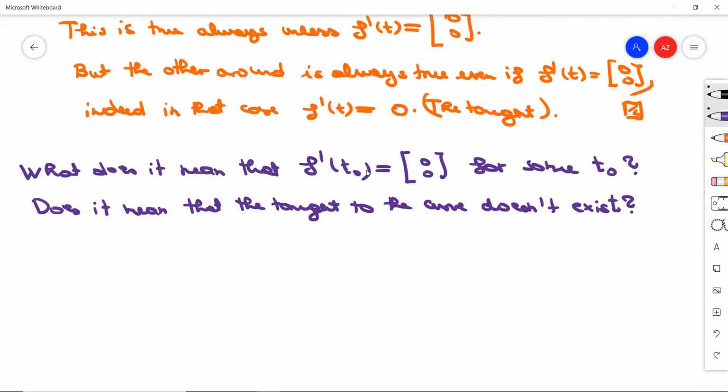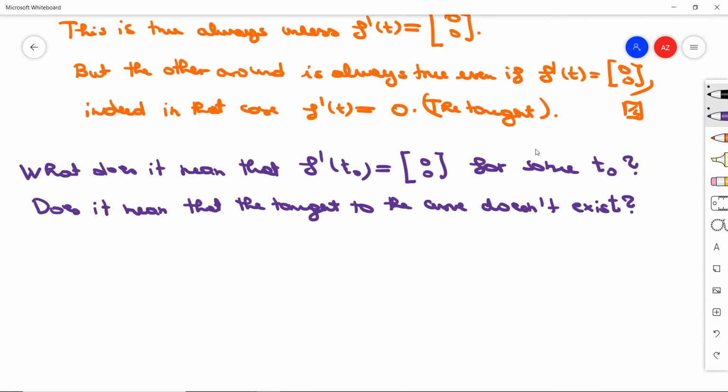So can anybody answer what does it mean that for a specific parameterization, the derivative at some point is a 0 vector? What does it mean geometrically? Yeah, that it means that the function is constant with respect to t at this point.